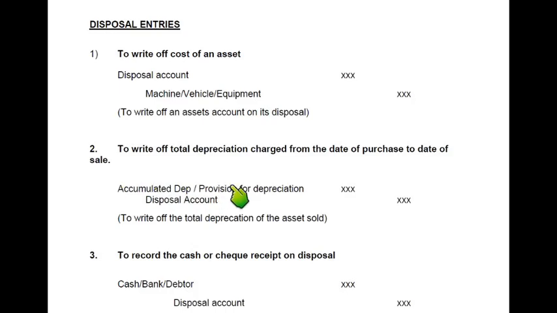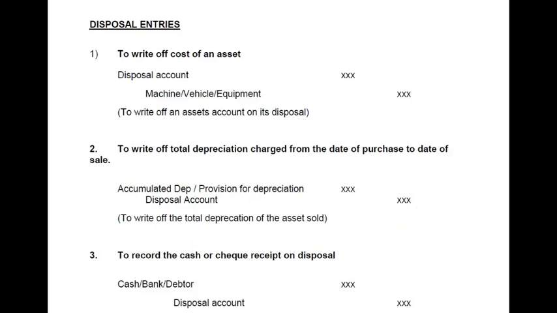Accumulated depreciation or provision account will be debited to remove that provision from our records, and the disposal account again will be credited. So we do not need to remember the position of disposal account. If provision is debited, then obviously the opposite entry will be transferred to disposal.